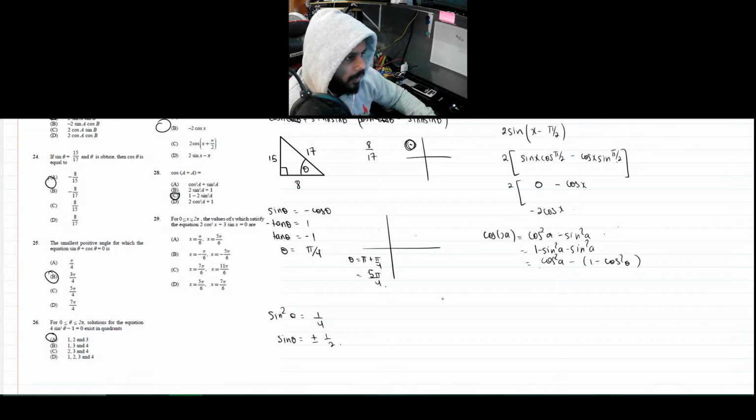For that, the values of x which satisfy the equation are... Okay. I don't want to solve this, so what I will do is substitute values into the equation and see what I get. First, I'm going to check pi on 6.